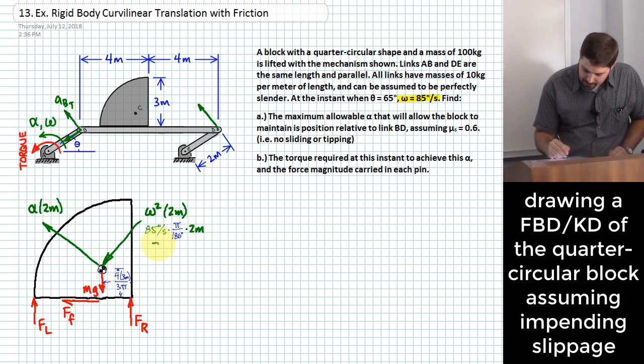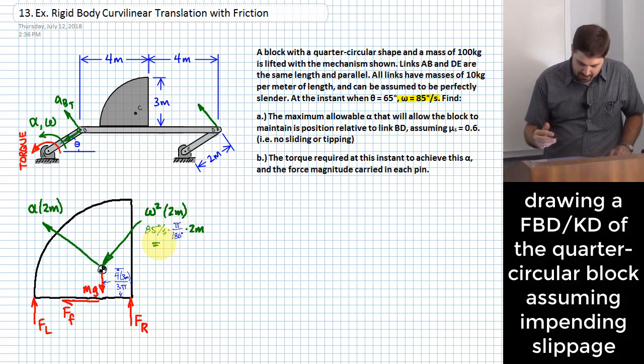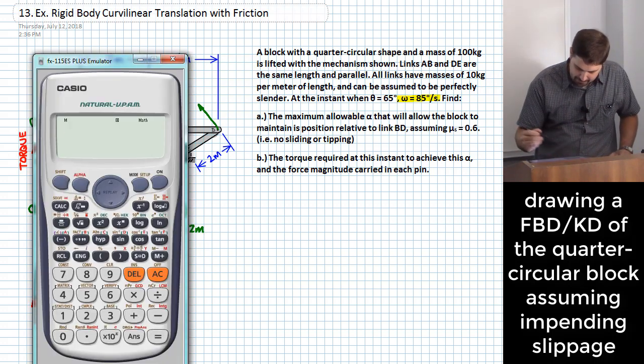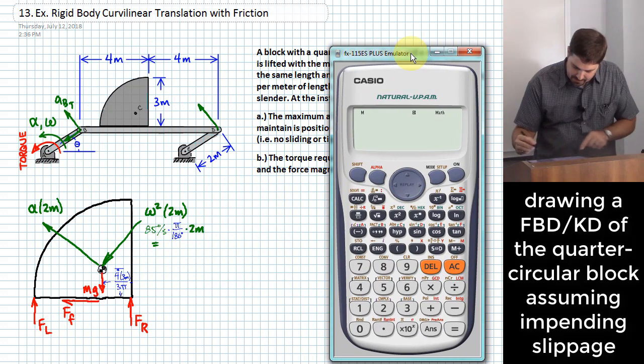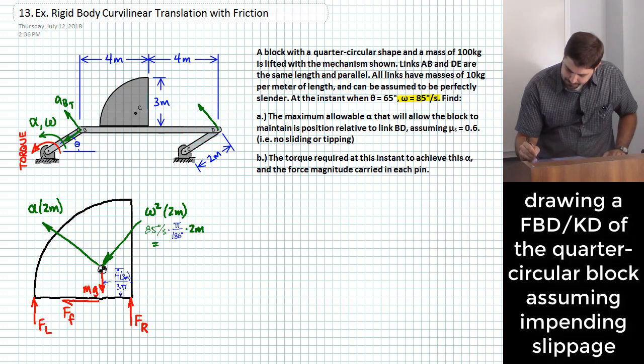This is just a constant value that I will have for all of my normal acceleration terms that I end up with here. That's how I figure it out. So let me get that in here real quick. Okay, 85 degrees per second squared, and I should have put that on here. All of this right here should be squared.